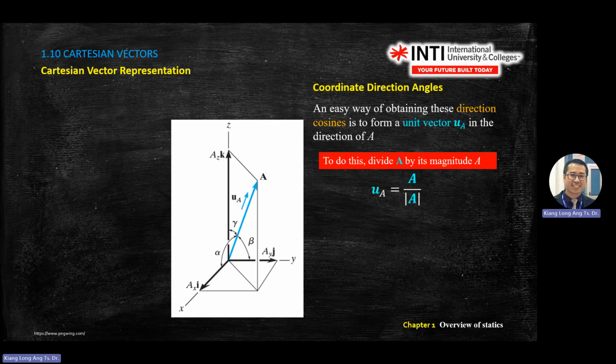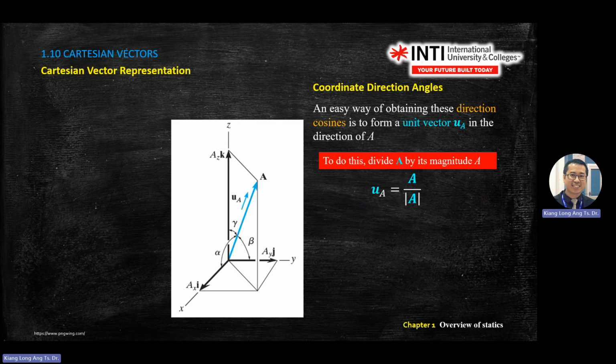Okay. Now, you want to find the direction unit vector, right? We need to tell where the direction is. In this case, for A, we call it the direction vector, and we write UA. UA means the direction of A. UA equals the A vector, which is something I plus something J plus something K, divided by the magnitude.